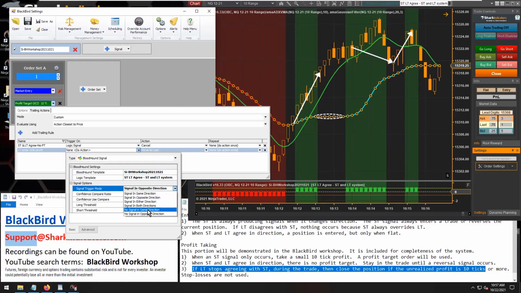So what we're looking for now is no signal in the same direction. Like I have marked up on the chart here, when the long-term indicator, the ADXVMA, stops agreeing, then there's no signal. There's no longer a long signal, so there's no signal in the same direction. That's the situation we're looking for.